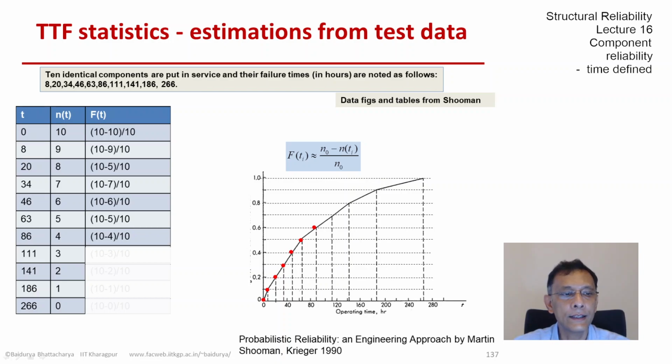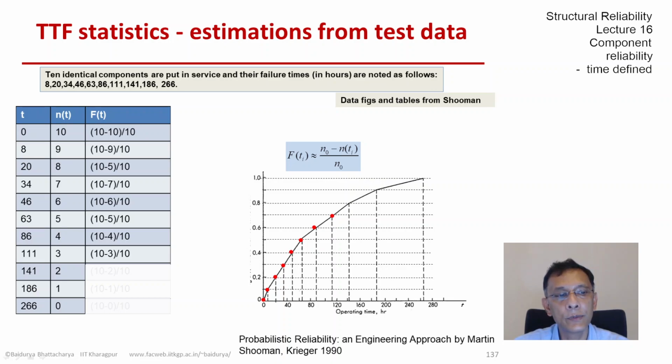This would be the process of point-wise finding the estimated CDF. On the x-axis, we have the observed failure times, and there is one failure at each time that we have observed there.